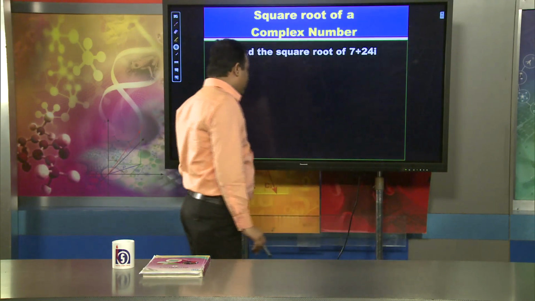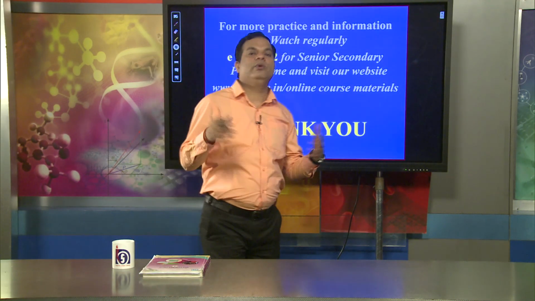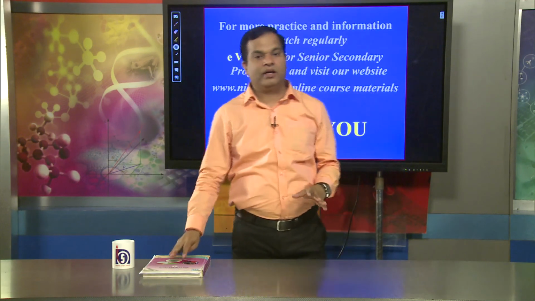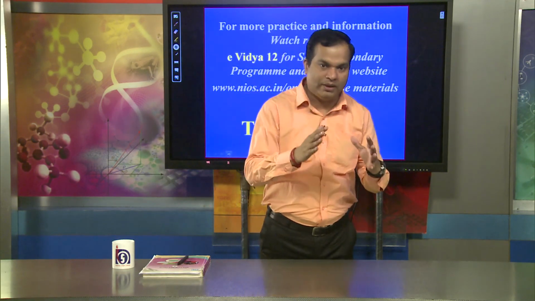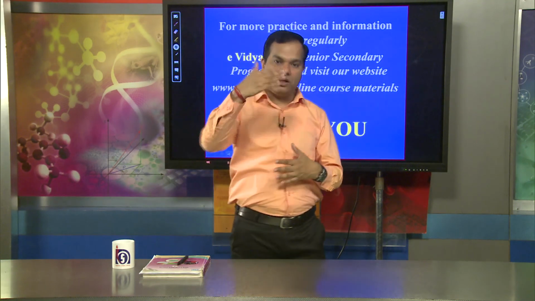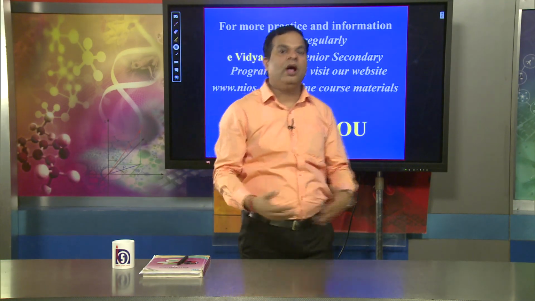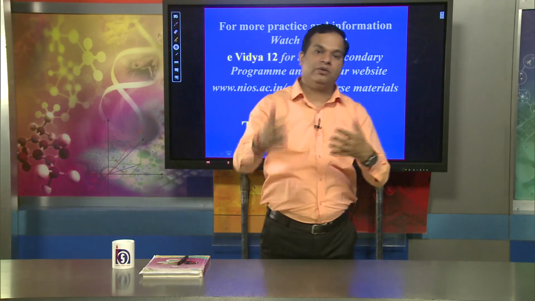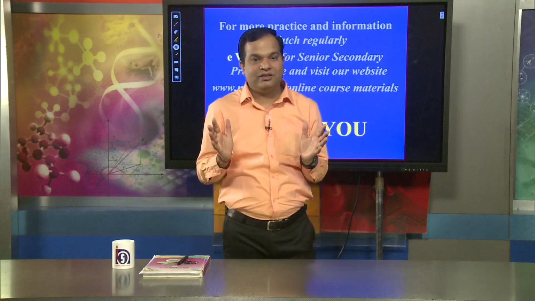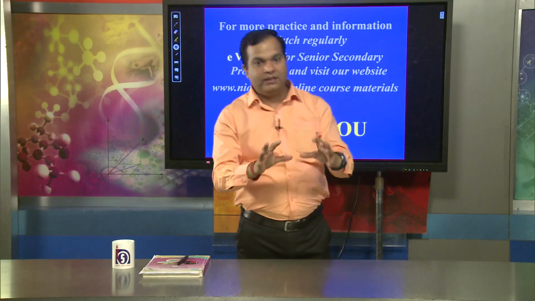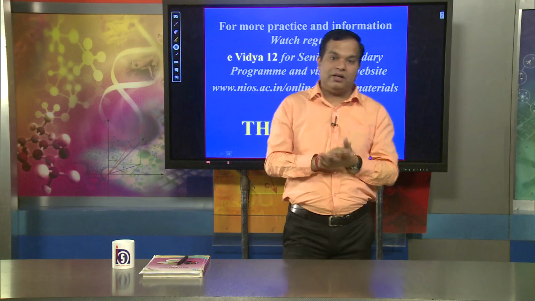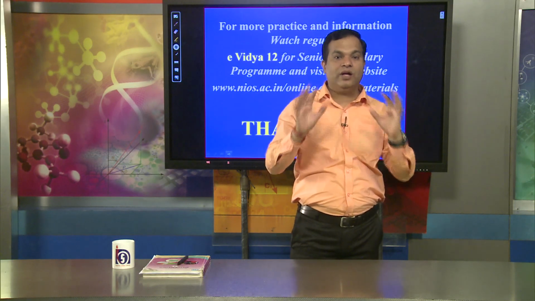Dear learners, basically we have discussed the different operations on complex numbers, which is very important. How to add two complex numbers, how to subtract one complex number from another, how to multiply two complex numbers, how to divide two complex numbers, and also the properties of addition and multiplication of complex numbers. And lastly, a very important thing we have discussed: the square root of a complex number.